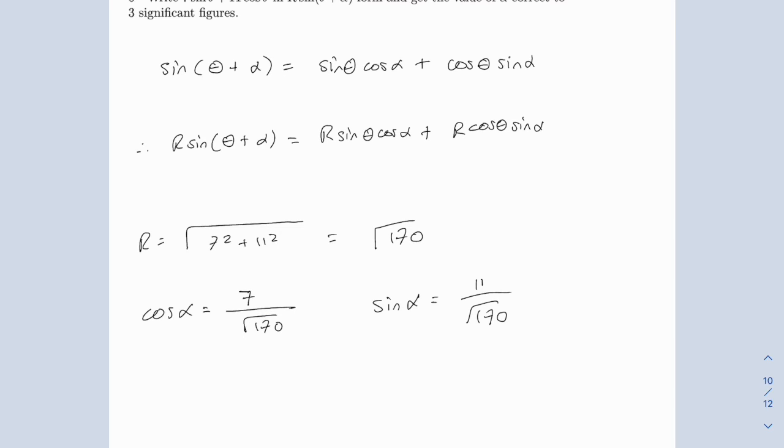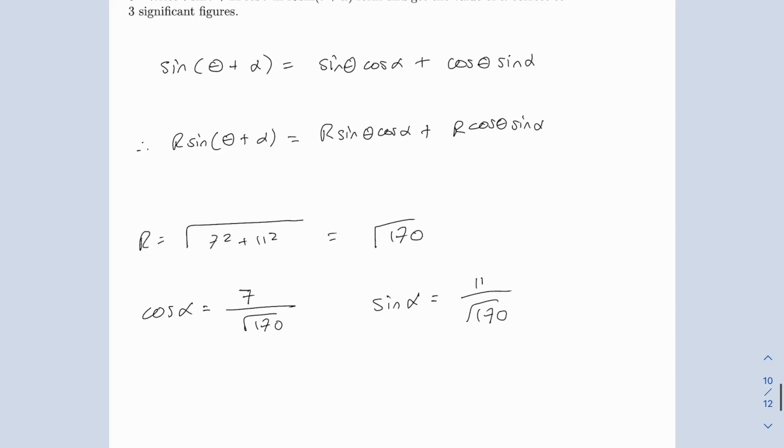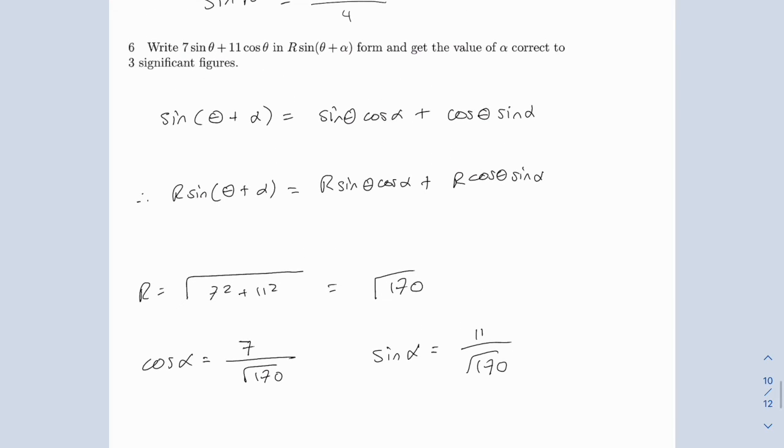Now, where does this come from? This effectively comes from our formulas. Think about it. This is r sine theta plus alpha, and this is what we get.